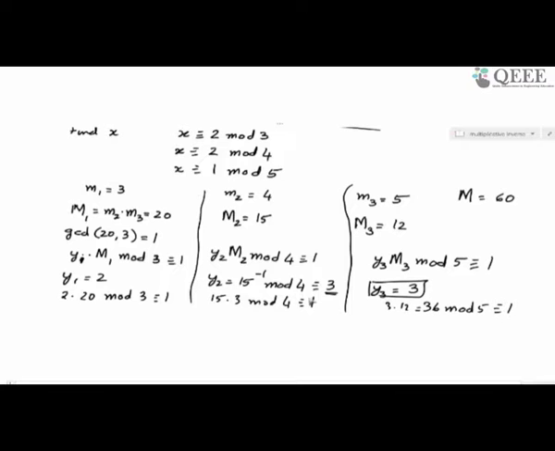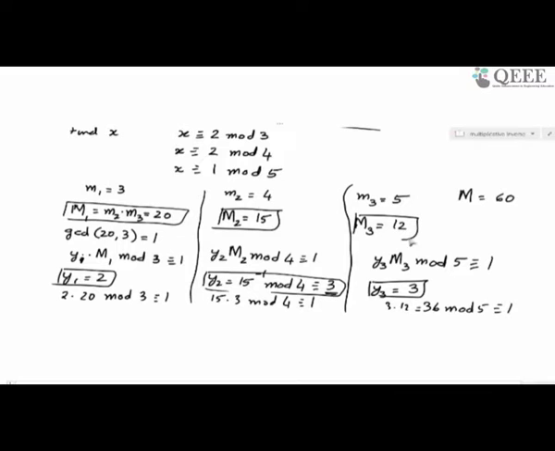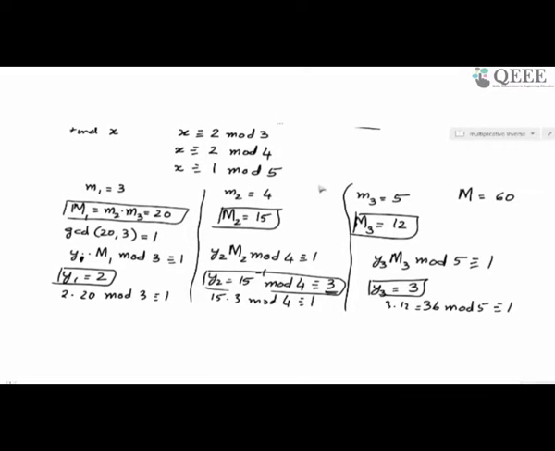So we have found the three inverses, y1, y2 and y3, and we also have the individual M1, M2 and M3, and let us now apply the Chinese remainder theorem to solve for the value of x.